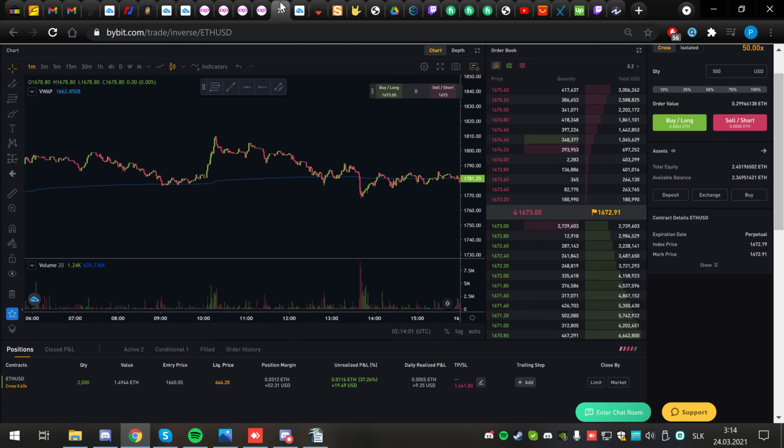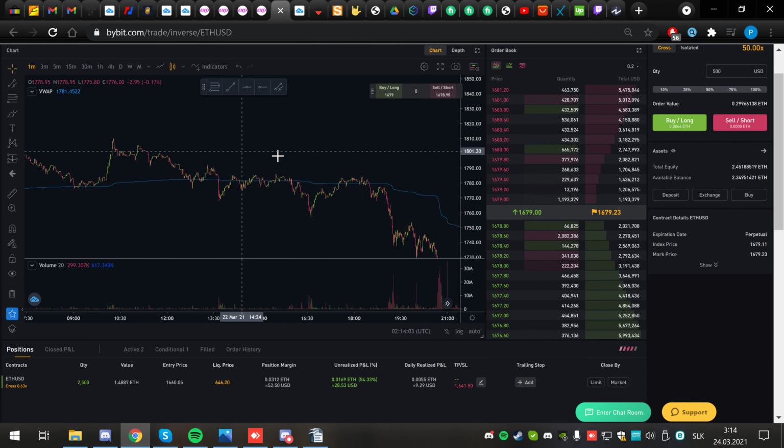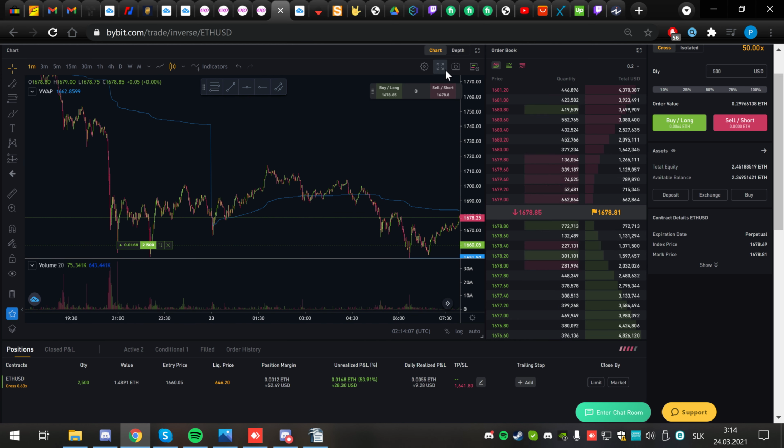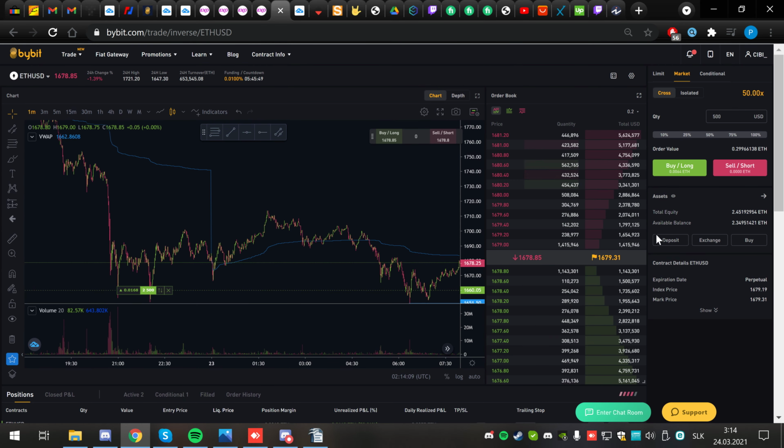So this is theory, but I want to enter the charts so we can show the real examples. This is the 1 minute chart of Ethereum.